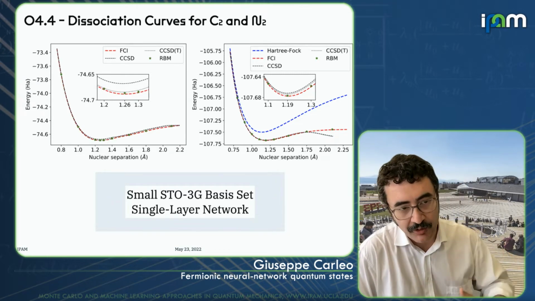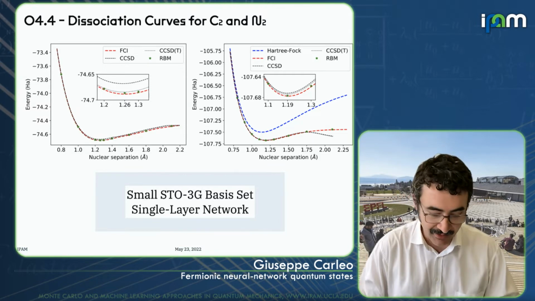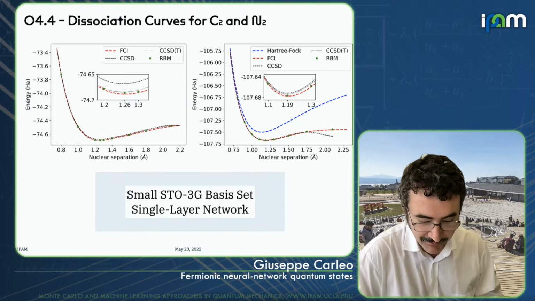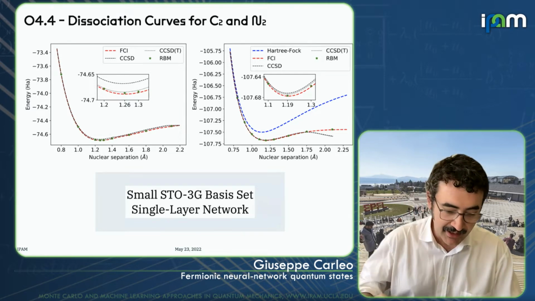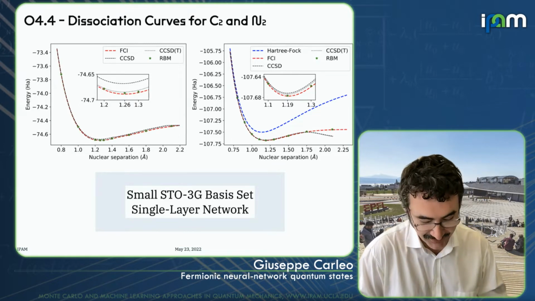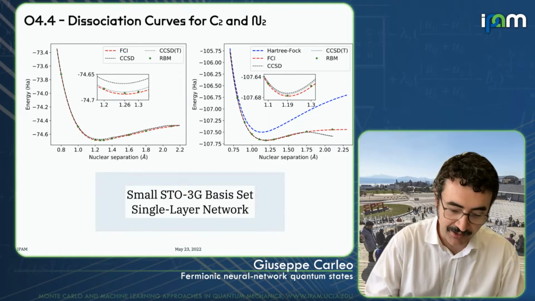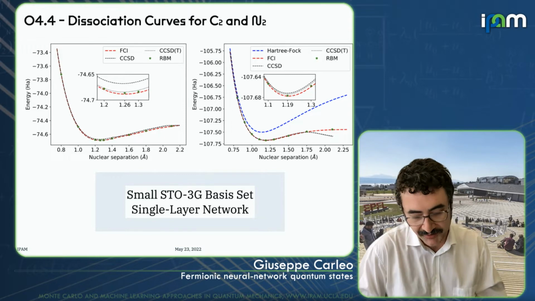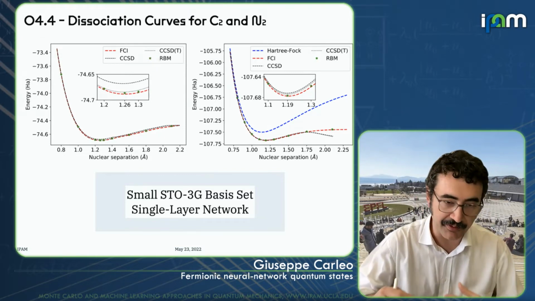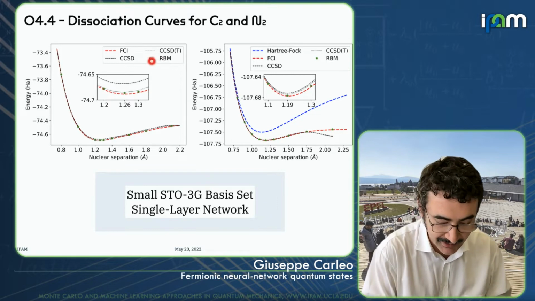Now, we've used this approach with very shallow networks. These are early results that we obtained in this introduction to chemistry. These were done on very small basis sets that you can see here, on a couple of diatomic molecules. The results that we obtained with the RBM, so these very shallow neural networks, are in green.